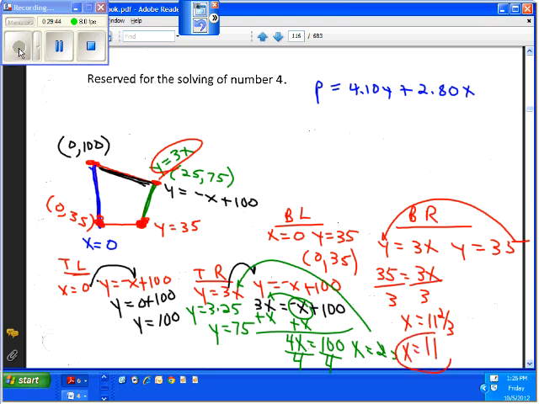So we might as well make it 11 because you can't sell 2/3 of a sweatsuit. Okay? So this corner is (11, 35).